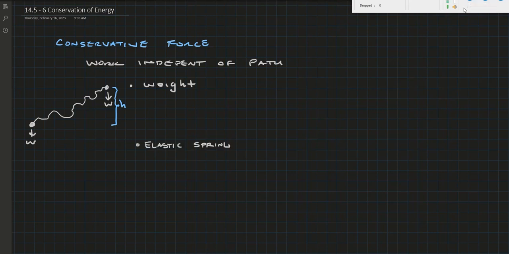Another conservative force we use is the elastic spring. So those are conservative forces.